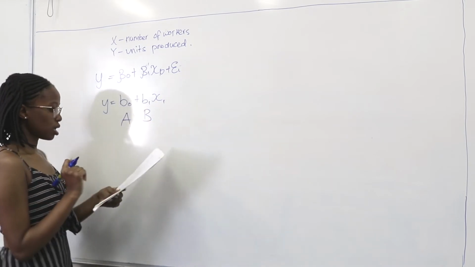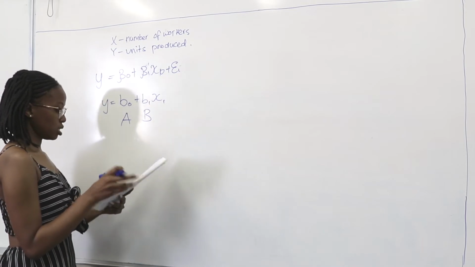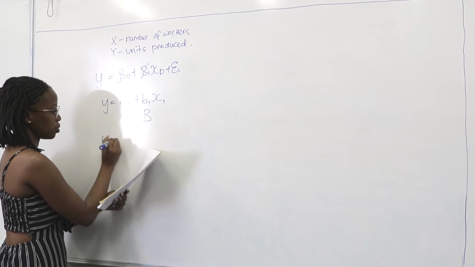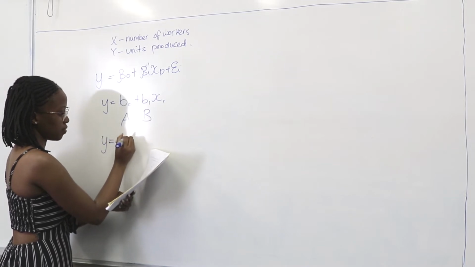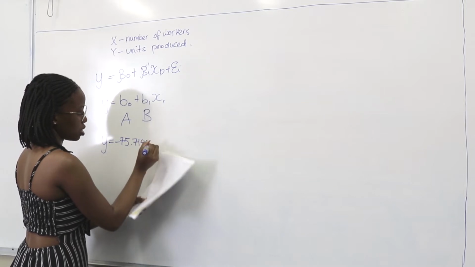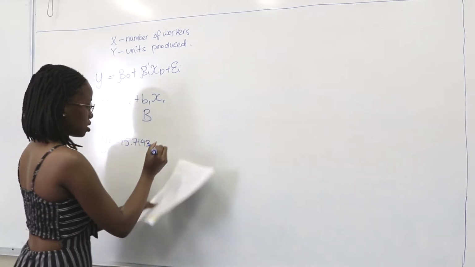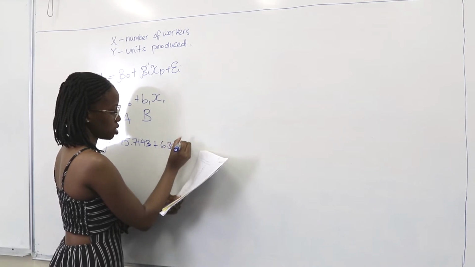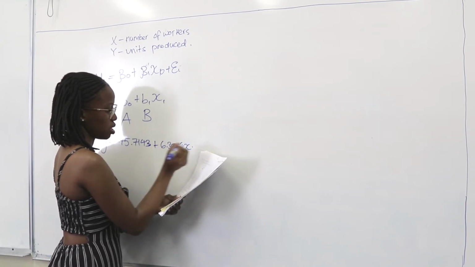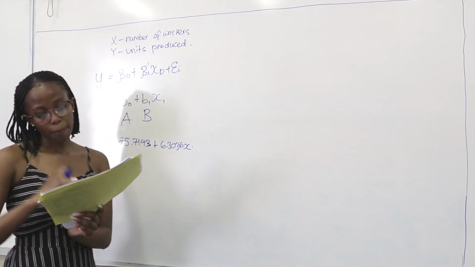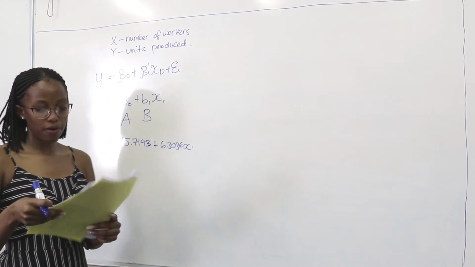So in this case, what you get is y is equal to negative 75.7143 plus 6.3036x.